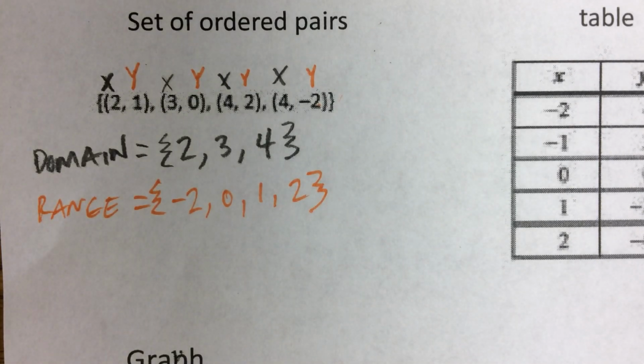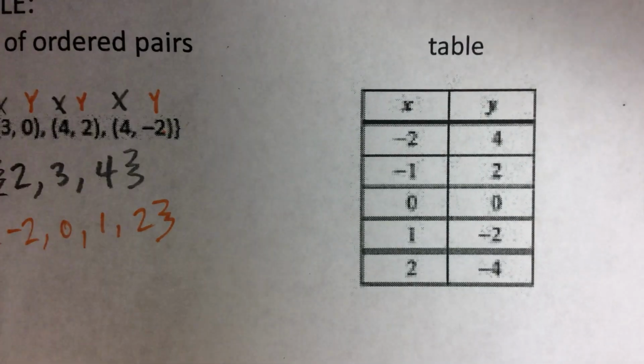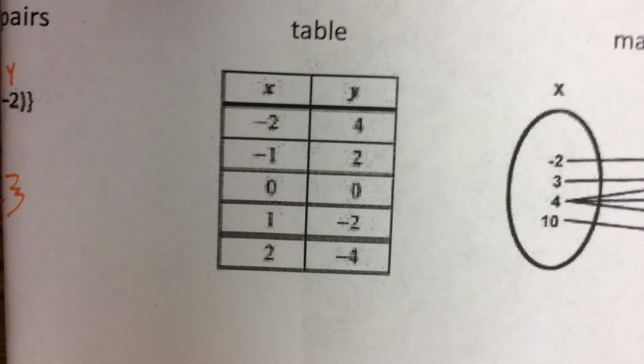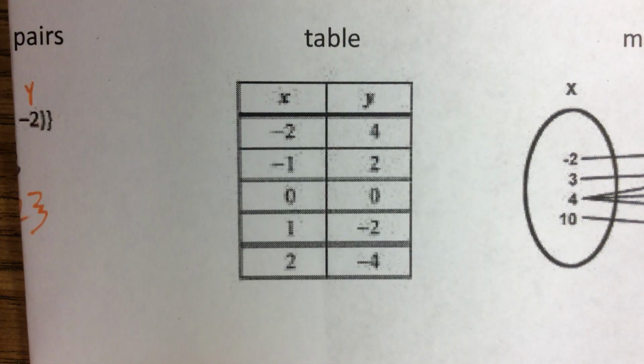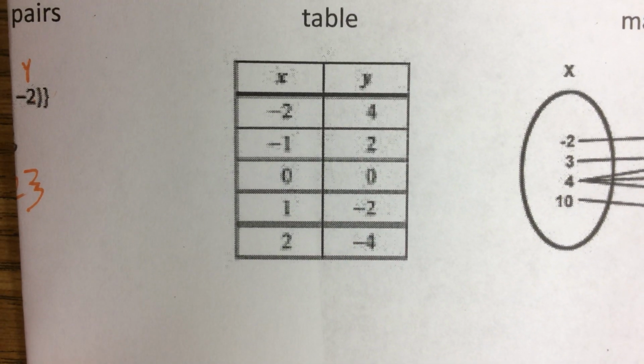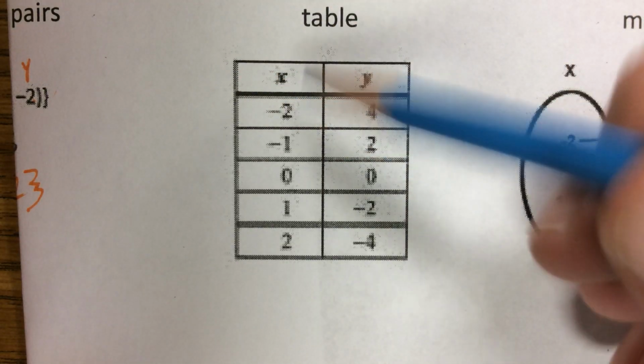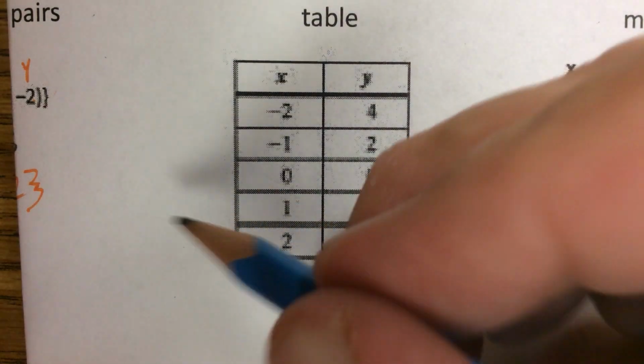All right, let's move over to our table. So we have a table of values. And again, in order to find the domain and range, we're just going to list the x and the y values. On a table, it's a little easier because all the x values are already bunched together.